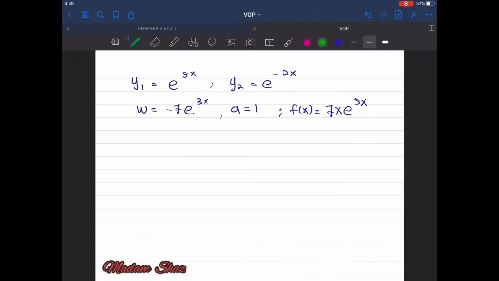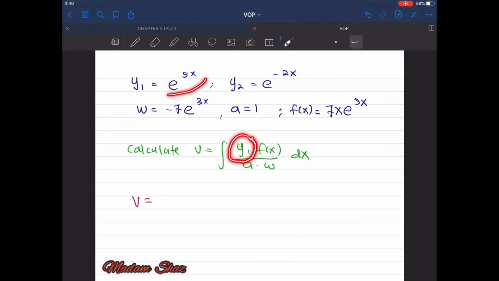Okay, after you have obtained the value for u, now we can calculate v, which is equal to integrate y1 fx divided by aw dx. So v is equal to, substitute your y1, which is exponent 5x. So integrate exponent 5x multiplied by fx.